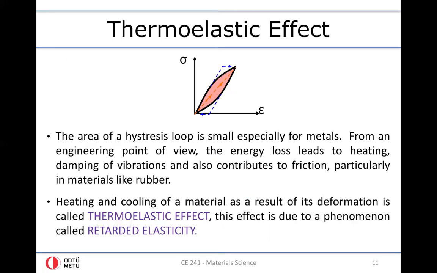Okay, so this is actually negligible for metals, but when it comes to polymeric materials, it is more pronounced. Heating and cooling of a material as a result of its deformation is called the thermoelastic effect. This is also referred to as retarded elasticity.